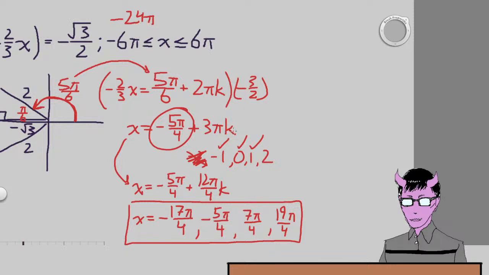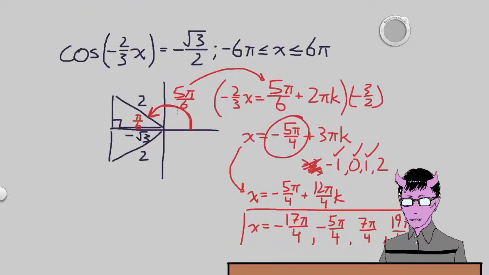Why did I do over 6? It's supposed to be over 4. I'm sorry, over 4. And that's correct. And this other one should have been positive 24 over 4. I hope I said that correctly. So all 4 of these answers are well within the domain restrictions right there. So we should be good for that one.